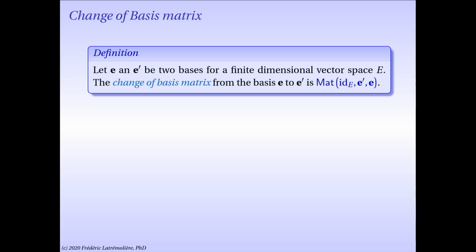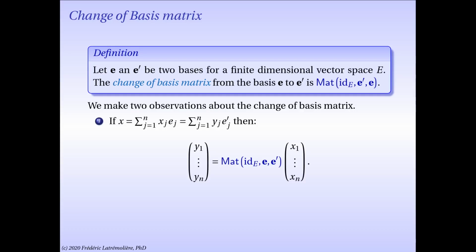To understand this definition, let's compute the change of basis matrix between two arbitrary bases. Let's write bold E as E1 etc. En, and let's write bold E prime as E prime 1 etc. E prime n. In general, if X is a vector in E, then we can write it in two different ways.